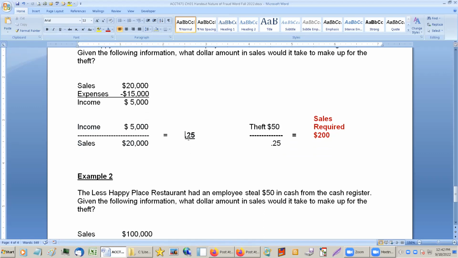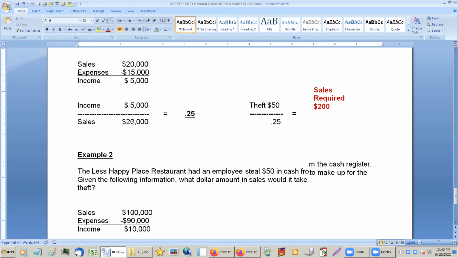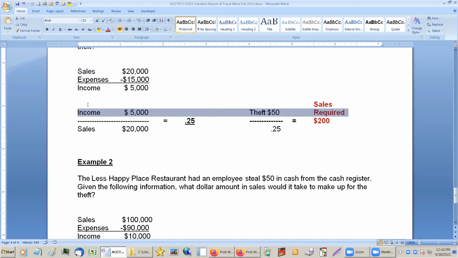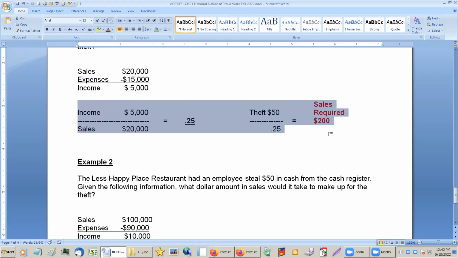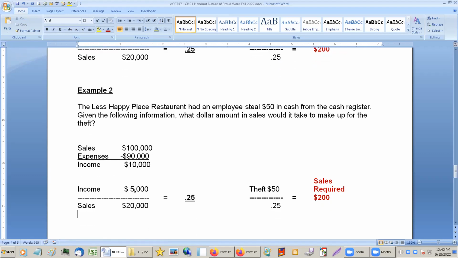Okay. And it can change depending on their return on sales. So for instance, down here, income of 10,000, sales of 100,000. So this would be 10%.